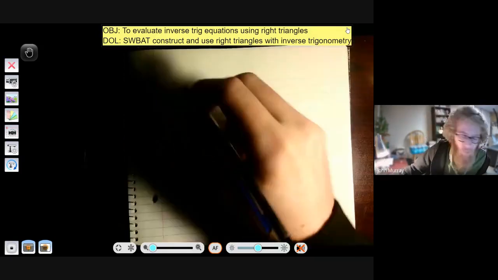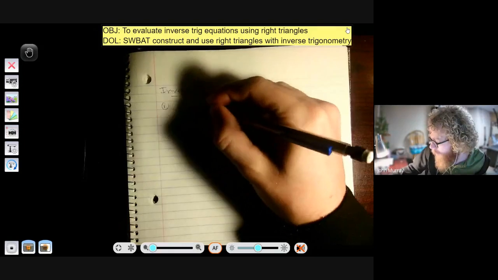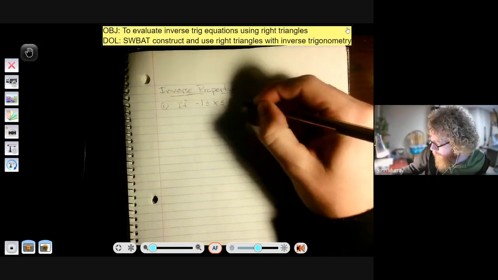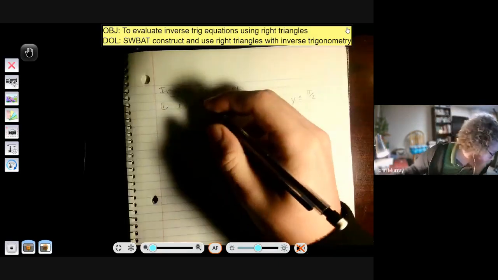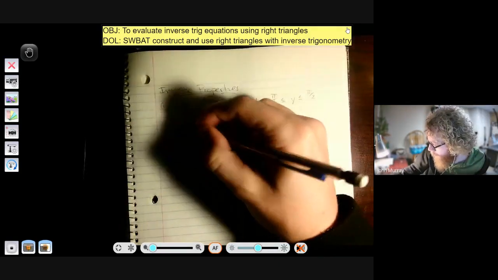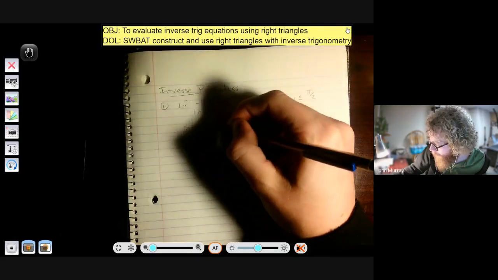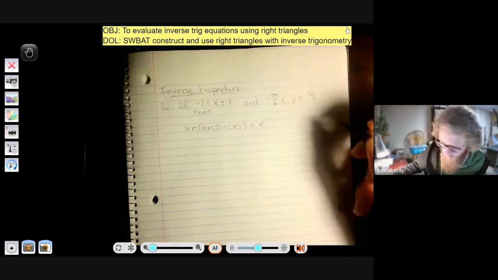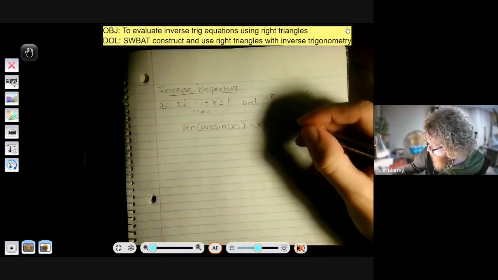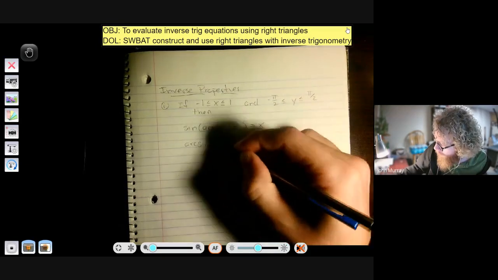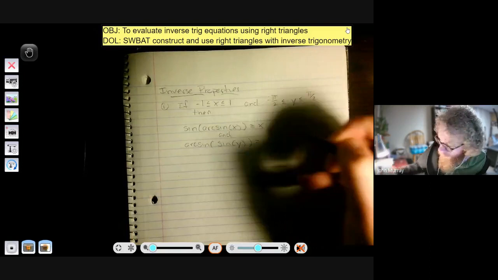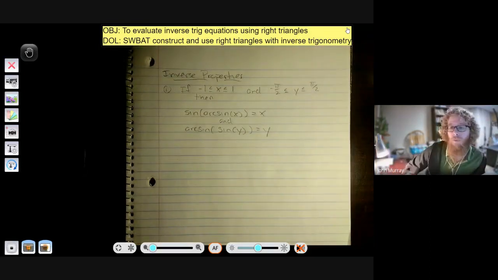There are three rules, one for each trig function.